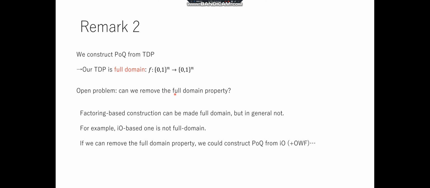The reason why we ask this question is that the factoring-based construction can be made full domain, but this is not true in general. For example, the IO-based construction is not full domain. So if we can remove the full domain property, maybe we could construct proofs of quantumness from IO, for example.